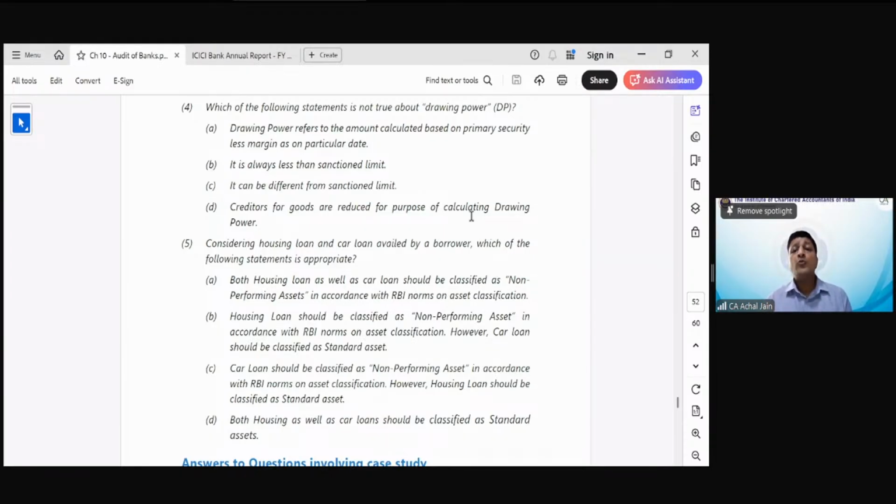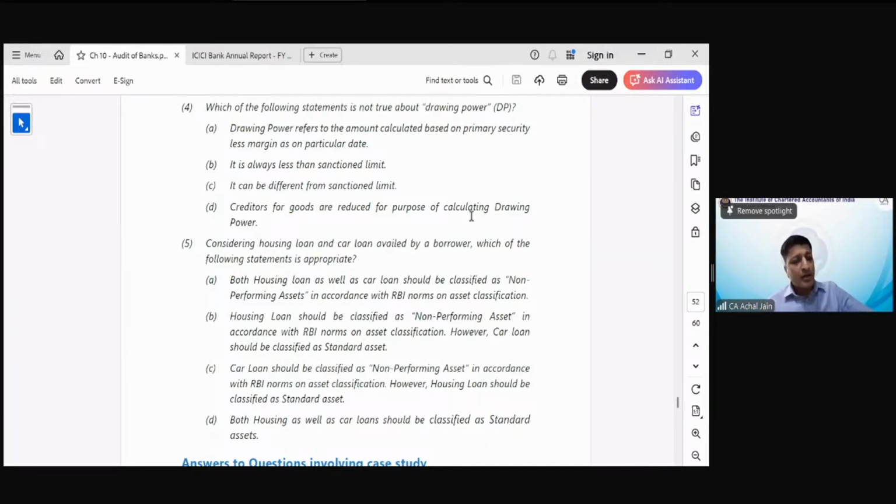Second, housing loan should be classified as NPA. However, car loan should be classified as standard. Third, car loan should be NPA. However, housing loan should be standard. Fourth, both should be standard. I think this is also quite straightforward.